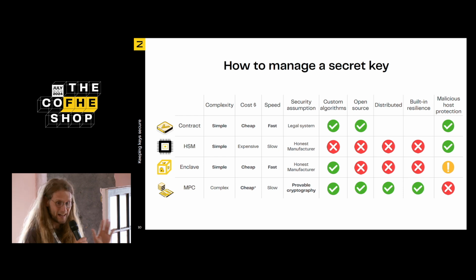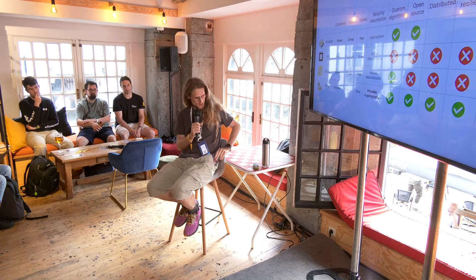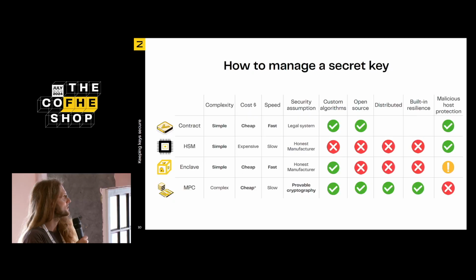Recently, there's been a lot of HSM-like approaches, but not really, which are much cheaper and much more prevalent, and that's enclaves, like we know from our phones, laptops, and so on. They're simple, cheap, and super fast, usually running at almost native speed on whatever processing unit you have. Like HSMs, they rely on an honest manufacturer, but unlike HSMs, it's easy to employ any kind of code. You just need to plug into whatever SDK is used for these secure enclaves, and that's it.